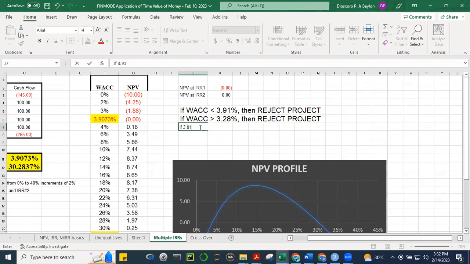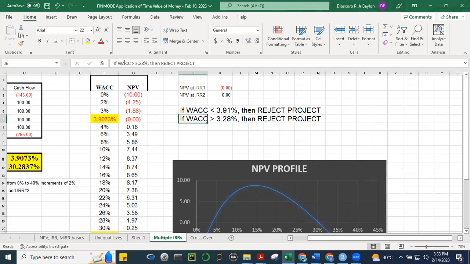3.91%, greater than or equal to, and then WACC, less than 30.28.